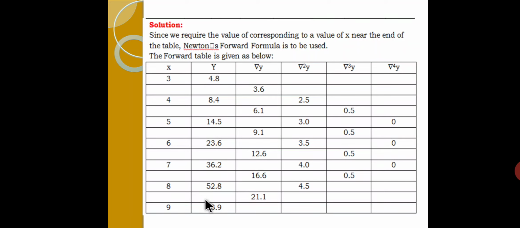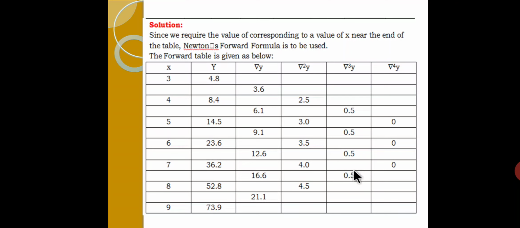From this table we consider the values yn equal to 73.9, nabla yn equal to 21.1, nabla square yn equal to 4.5 and nabla cube yn equal to 0.5. In this way we consider the values for this formula.